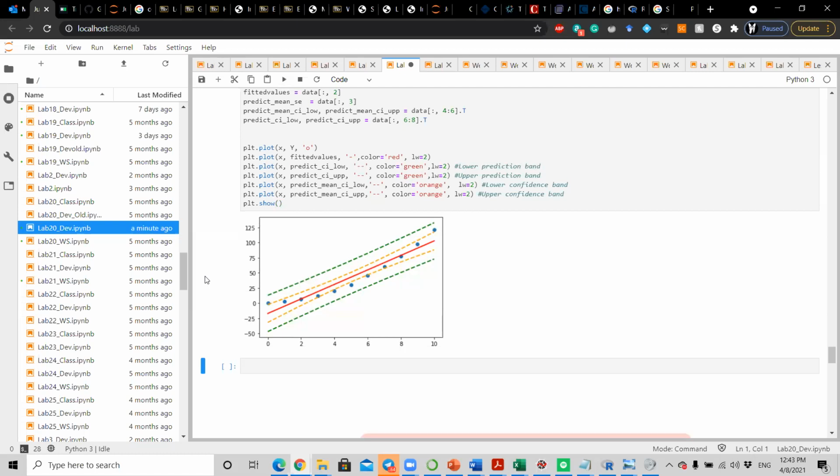So the next time when we give you a question, either in an assignment or in an exam, and we ask for a linear regression model, you do the red line. When we ask for the prediction intervals, you add the green lines. When we ask for the confidence intervals, you give us the orange lines. Do you have any questions?